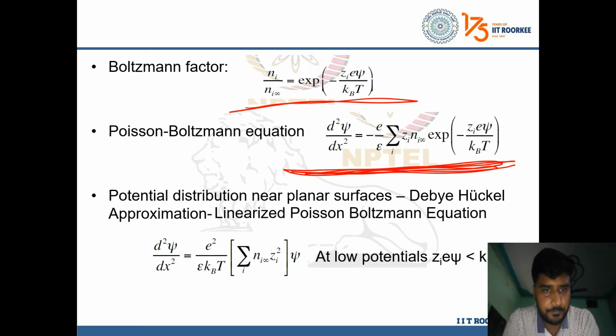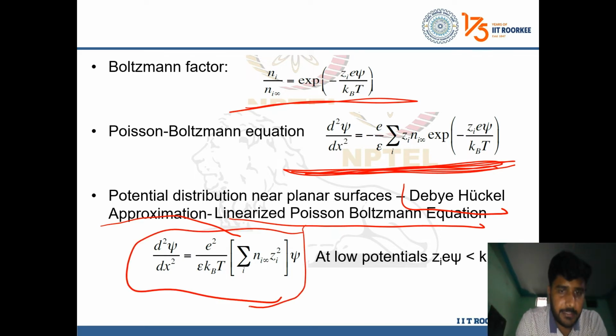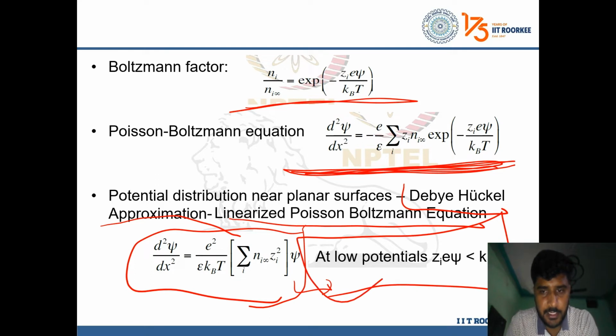For the potential distribution near planar surfaces, you will deal with the Debye-Huckel approximation, or the linearized Poisson-Boltzmann equation. This is a very important equation, and many problems will be solved by using this simple formula. But its limitation is that it is valid only for low potential, that is Z E psi should be less than kB T, where kB is the Boltzmann constant.